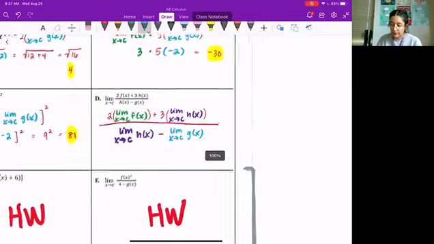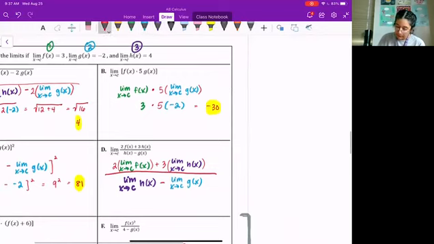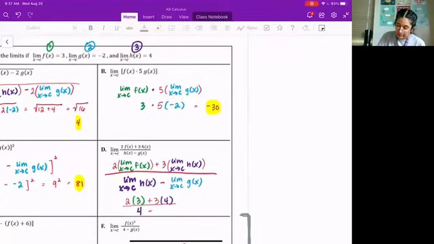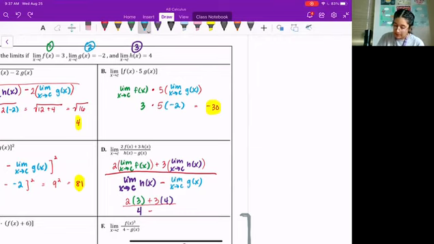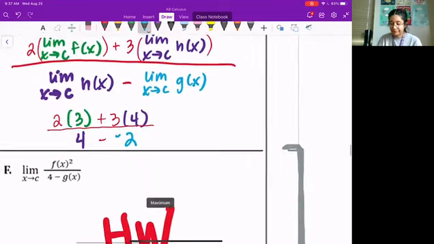Okay, let's substitute in what I know. All right, so I've got 2, they told me the f of x limit was 3, plus 3 times the h of x limit, which was 4, all over my h of x limit, again, which was 4, minus my g of x limit, which was -2.